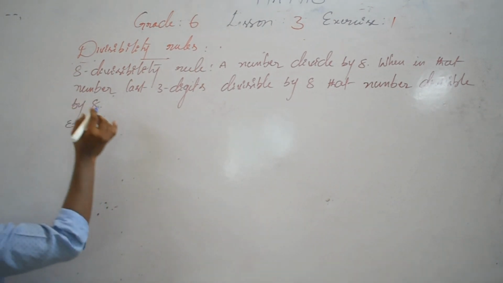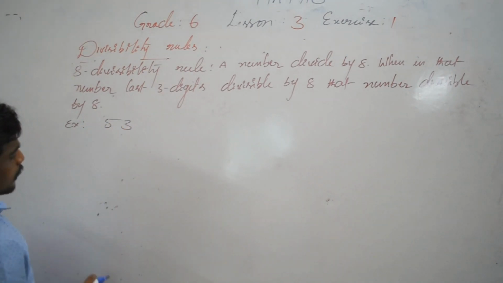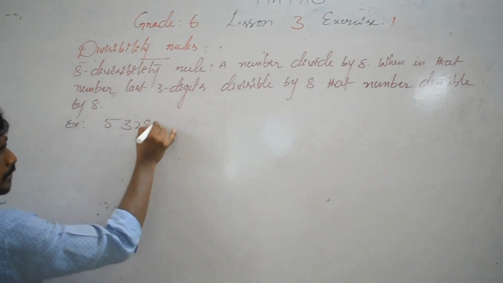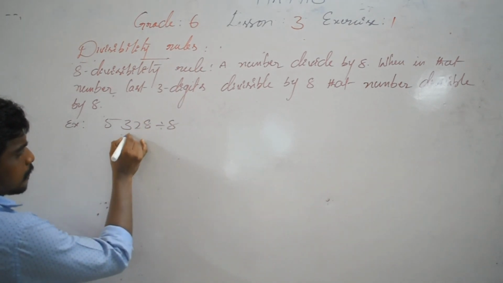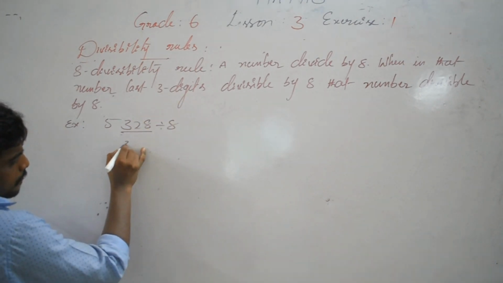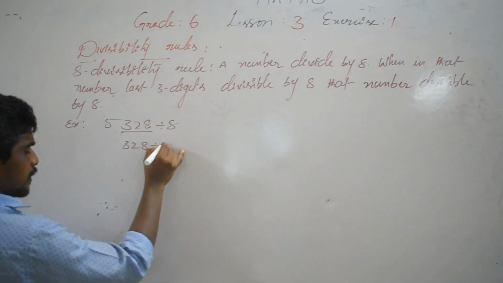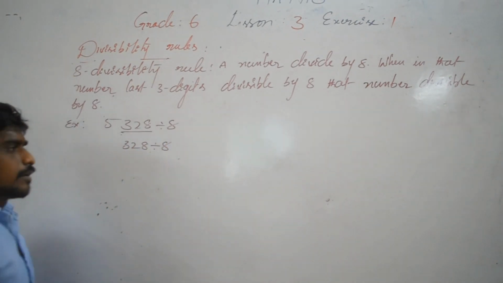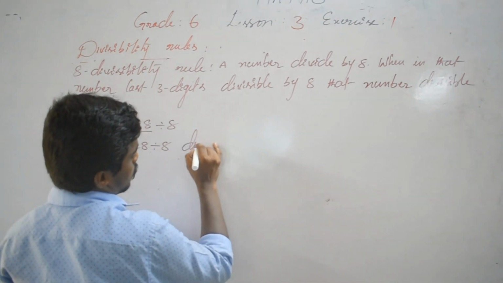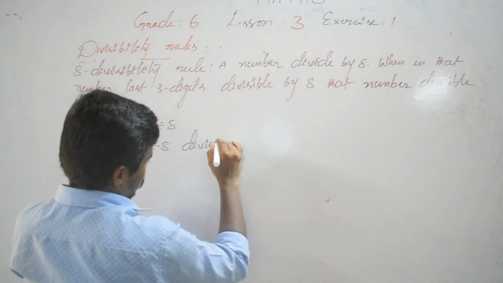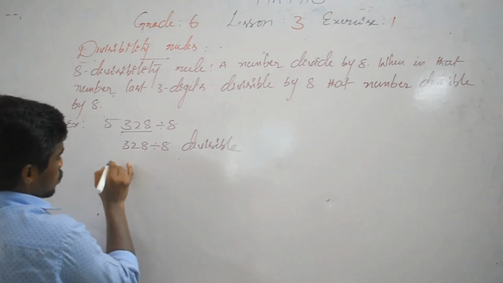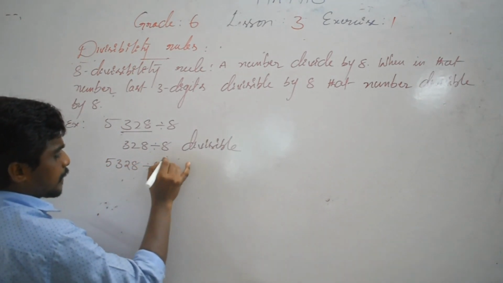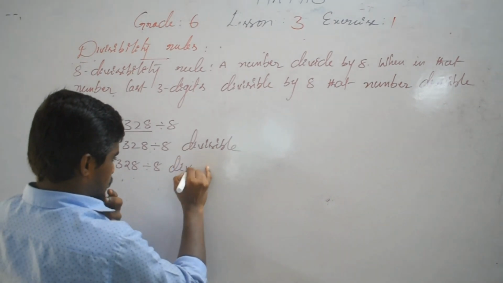So here, example: 5328 divided by 8. The last 3 digit number is 328 divided by 8. Divisible or not divisible? Divisible. So 5328 divided by 8 is divisible.